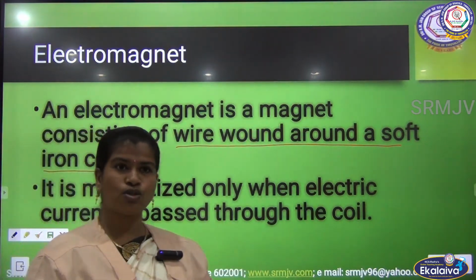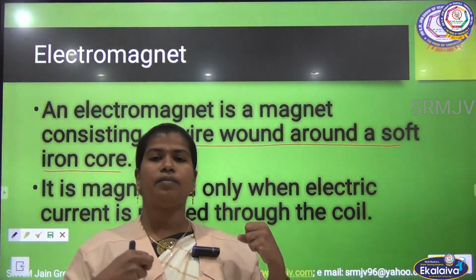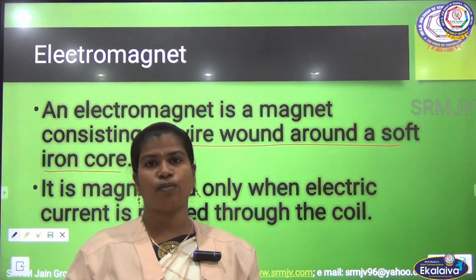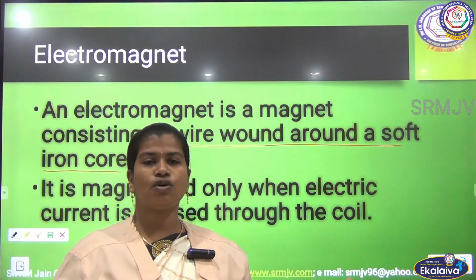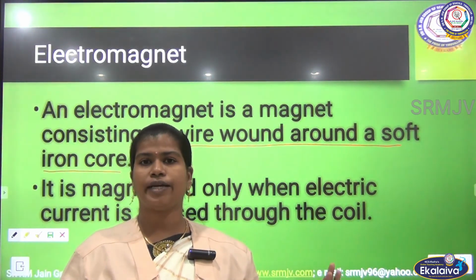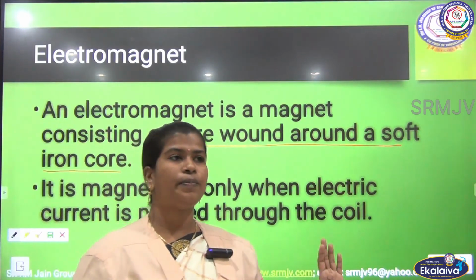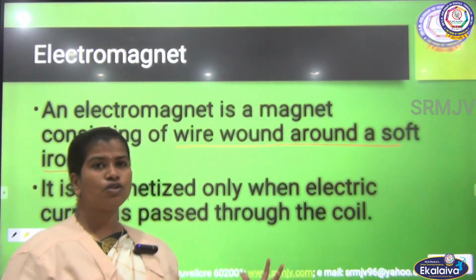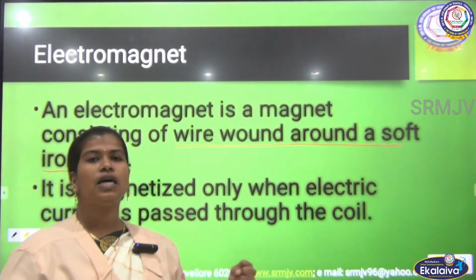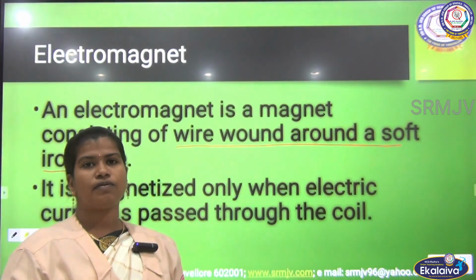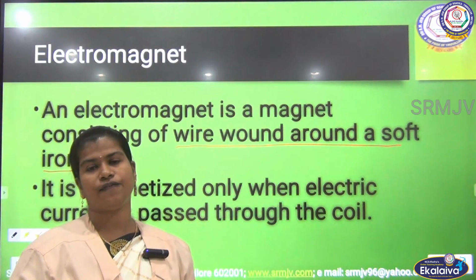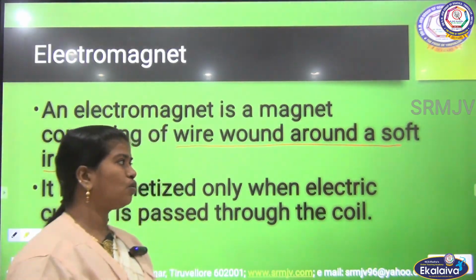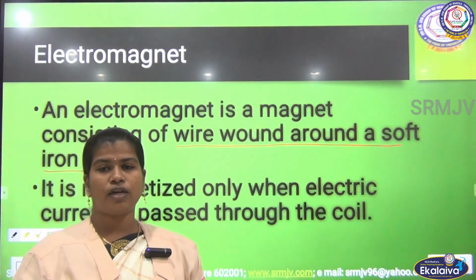In the presence of current, the iron core behaves as an electromagnet, a temporary magnet, producing a strong magnetic field around it. In the absence of current, it behaves as soft iron. So that's all about the solenoid.